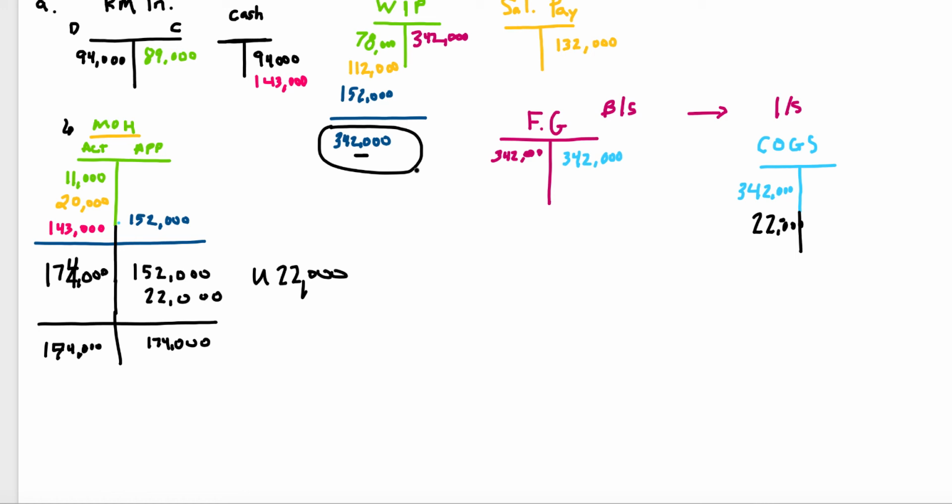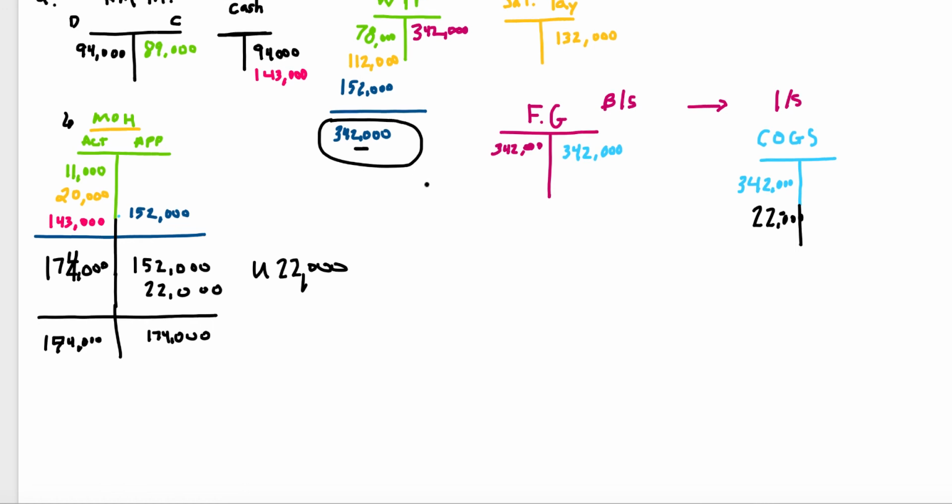Okay, it flowed to the finished goods account, right? $342,000. It's still not enough, right? It left the finished goods inventory account and flowed over to the cost of goods sold. My cost of goods sold now is actually too low, right? It's $22,000 too low. Why? Because I didn't apply enough earlier in the process.